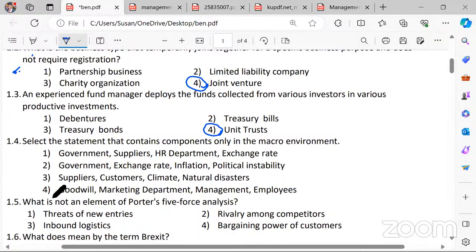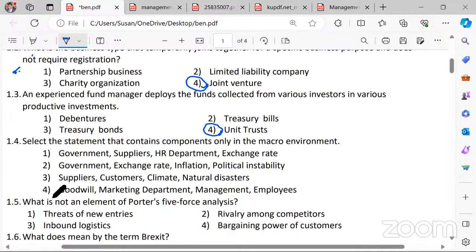As an example, we can say supplier, customer. They are not in the business, they're outside the business, but we have a direct relationship with them, right? And the macro environment is the outer environment that we don't have a direct relationship with, but that directly affects us. As an example, we can say government, political stability, right?